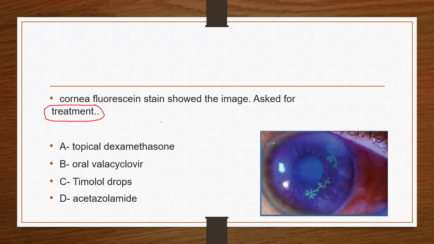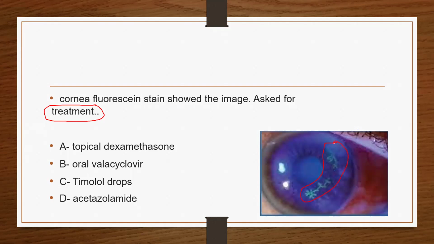Okay, so I can see most of you are for answer A. There were a few who think otherwise. All right, so now this is a corneal fluorescein stain. Here is the abnormality you can see. This is a dendritic ulcer, like some of you have already mentioned.